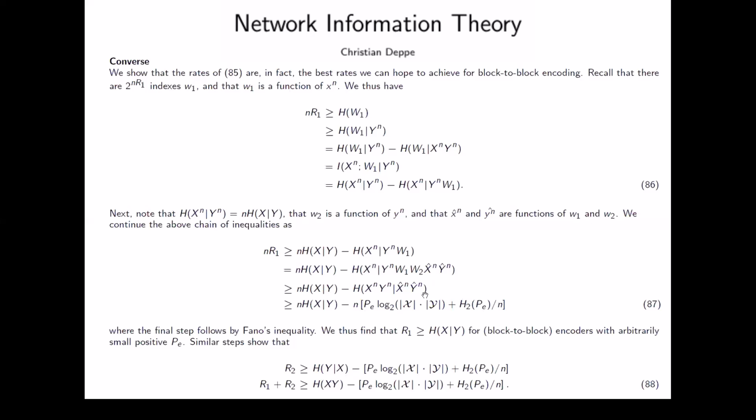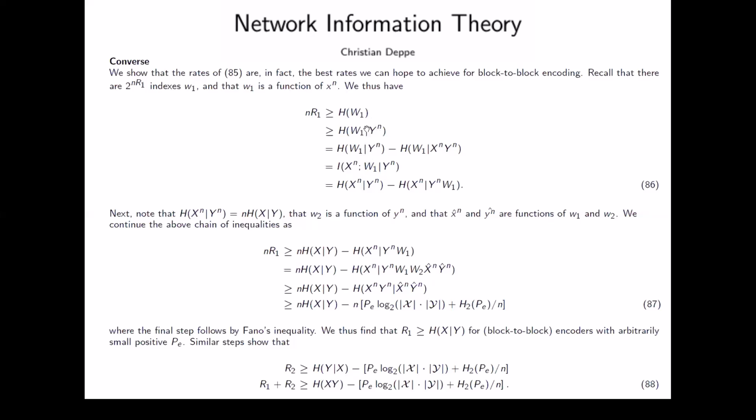Now we know that this term here goes to 0 if n goes to infinity, and so we have proved that n times R1 is greater or equal n times the entropy of X conditional on Y. And the n cancels out, and we have the first part of the rate region proved. Of course, for R2, we can do it in exactly the same way, but then we have H of W2, and we have here W2 under X^n, and so on.